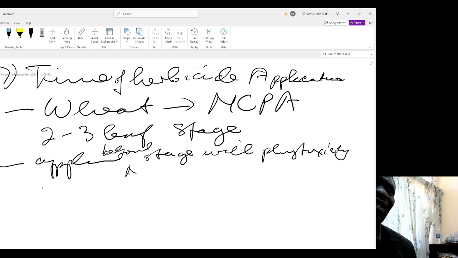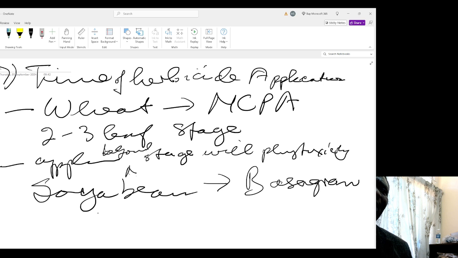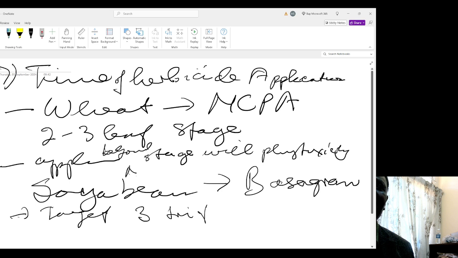The other issue is on the soybean and the basagran, a post-emergence herbicide. The target should be 3 trifoliate stage.